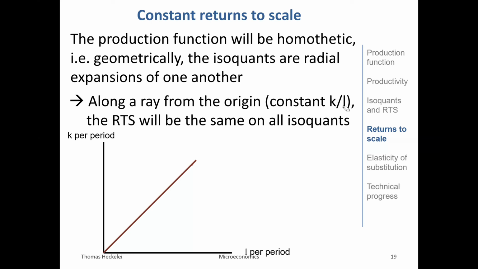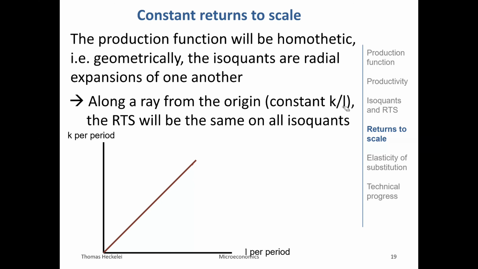Because of that, in this sense, the constant returns to scale production function is homothetic. So it's homothetic in the way that the marginal productivity, and in turn the marginal rate of technical substitution, which is basically just the ratio of the two marginal productivities, right? Depends only on the ratio of the inputs used and not on the scale of production, like we said in the previous slide.